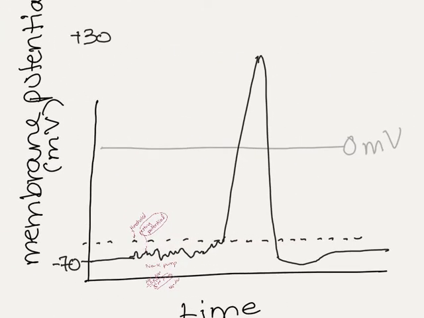The first thing to happen is at this stage right here, once we finally hit our threshold, we're going to have a rapid depolarization. And during our depolarization, this is when the sodium channels are going to open.